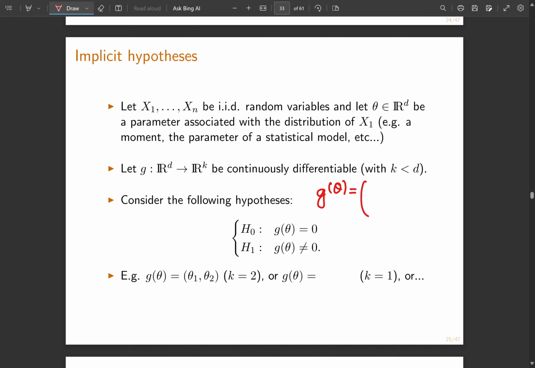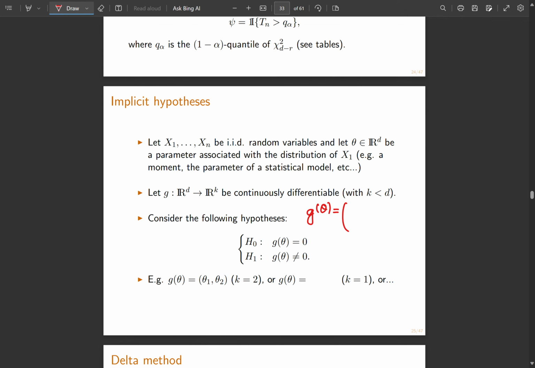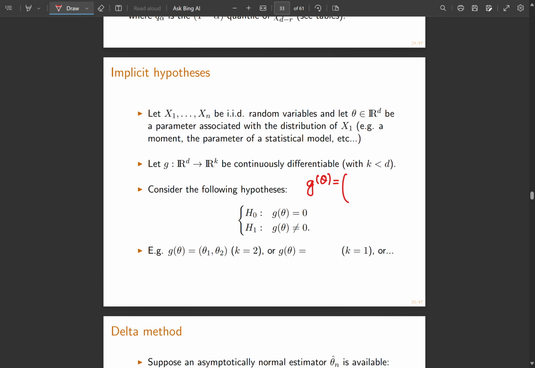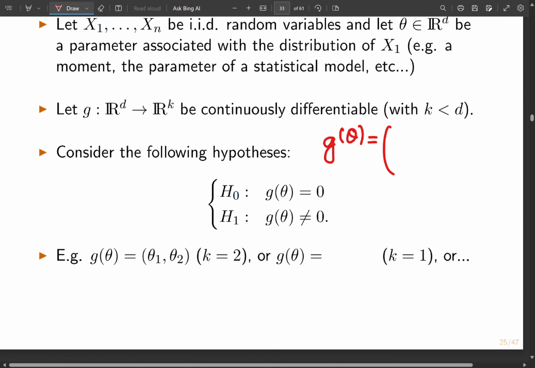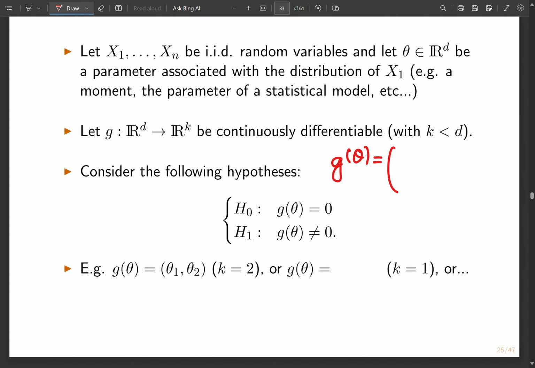That is, theta n plus 1 minus theta n plus 1 naught, and by the way, theta d minus theta d naught.